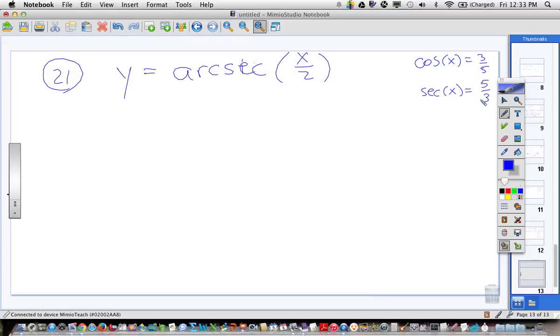But think about what we did yesterday with inverse functions. Inverse functions, you do what with the x and y? Switch them, interchange them. Inverse functions, the inputs and the outputs are interchanged. So, if secant and cosine have reciprocal outputs, that means arc secant and arc cosine have reciprocal inputs.